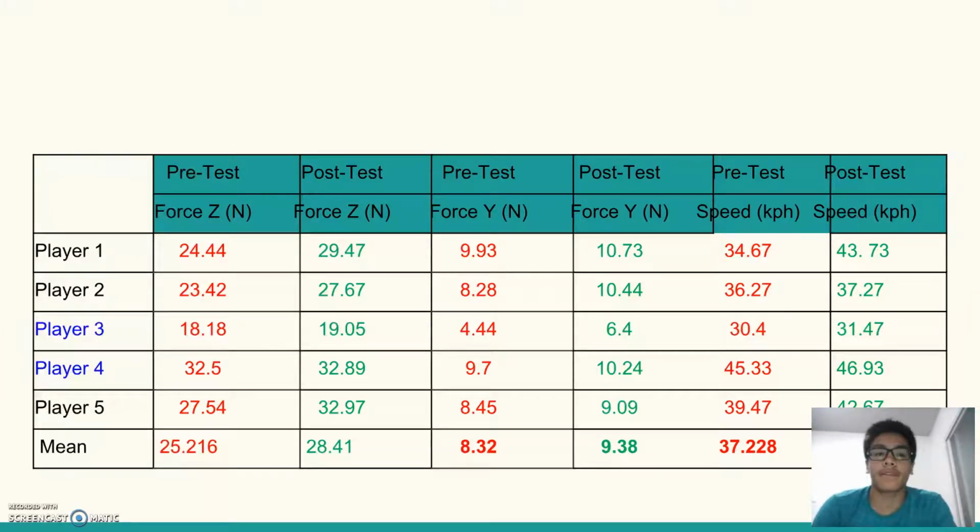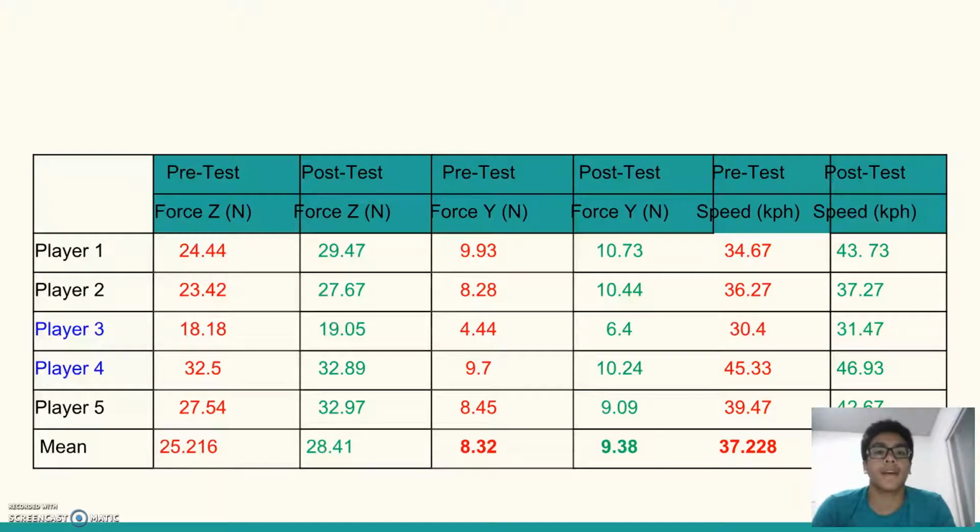However, their speeds are significantly different. We can attribute that to their difference in force y, which is the force and acceleration during the follow through phase. So we can say that player 5 had a weaker follow through phase as compared to player 4.